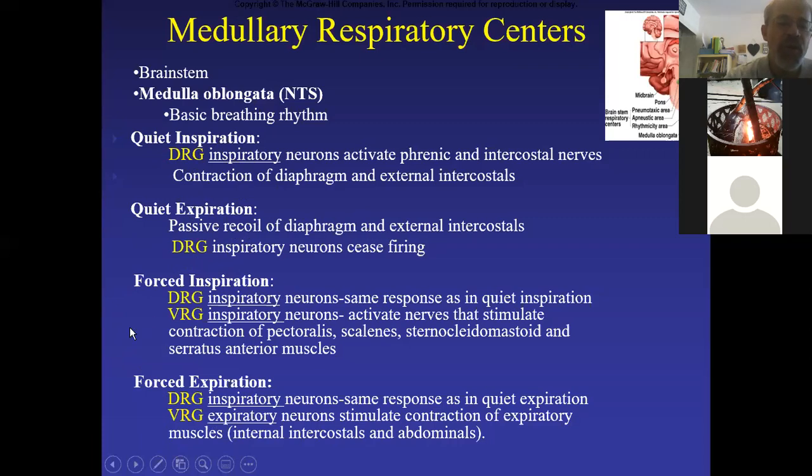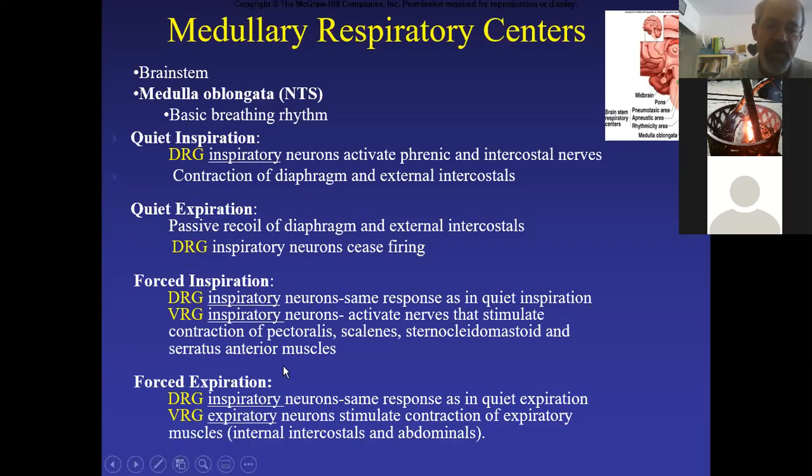Then we have the forced or the deep breathing. And with the deep breathing, within inspiring or inhaling, we still have the DRG neurons that are firing, that are activating the phrenic and the intercostal nerves that are ultimately going to the diaphragm and the muscles. That's the same.